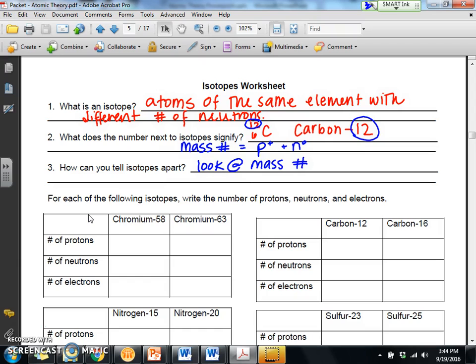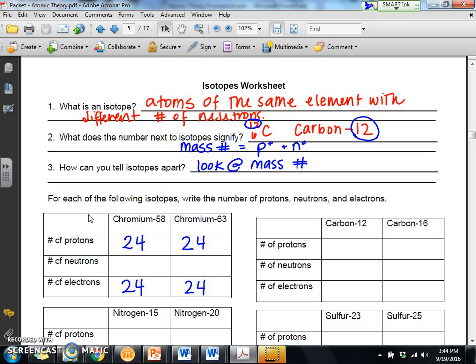If its atomic number is 24, we know that means chromium has 24 protons and 24 electrons. Now, it doesn't matter what isotope of chromium it is, it has to have 24. So for both of these, it's 24 protons and 24 electrons. That does not change. If you change the number of protons, it changes completely what the element is.